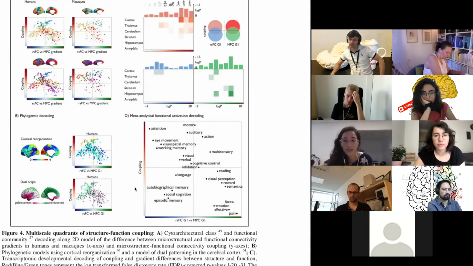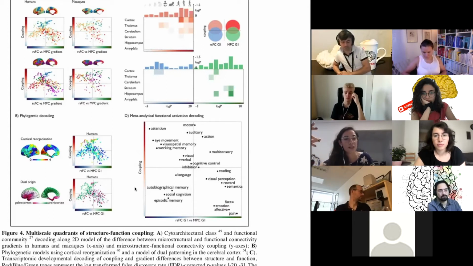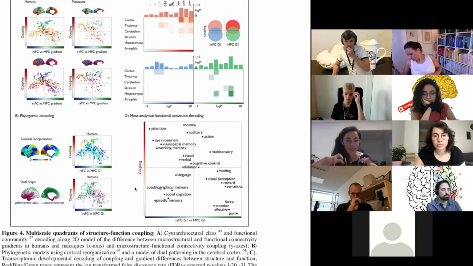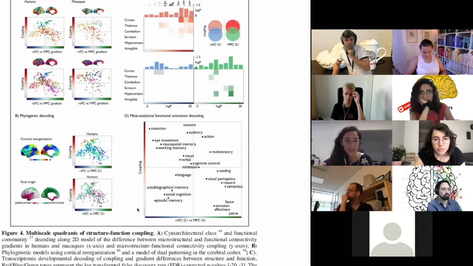And you see that evolutionarily, the brain structures reorganized according to our ability of thinking about our past and ourselves, and socially interacting with others.